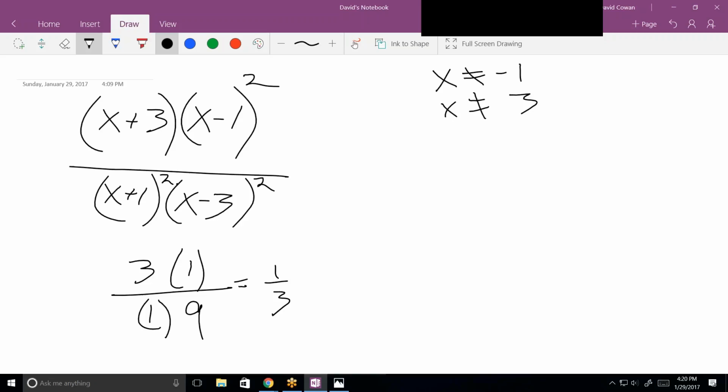If x were like minus 7. No, I'm sorry. I'm not sure what I was thinking there. We have to add different exponents is what we have to do.